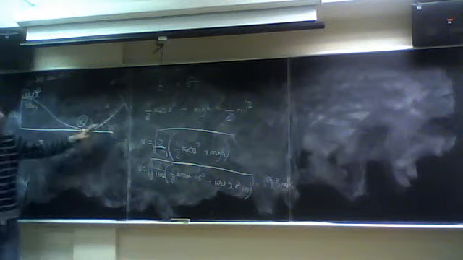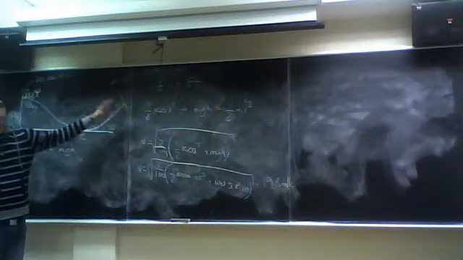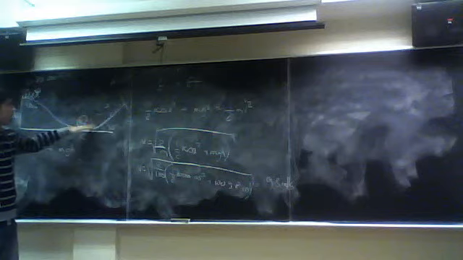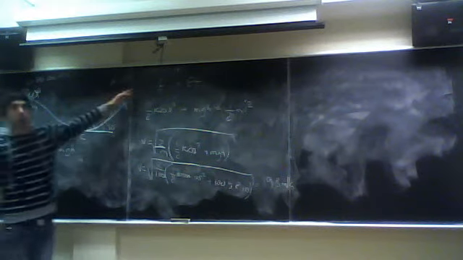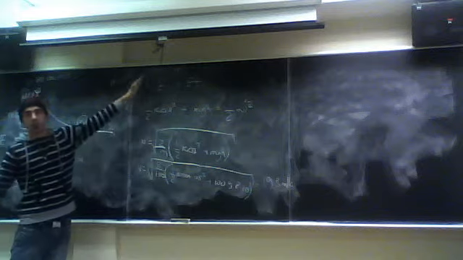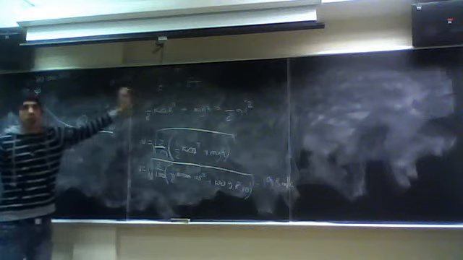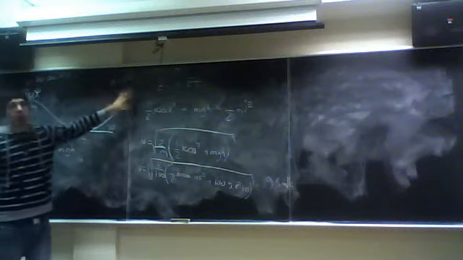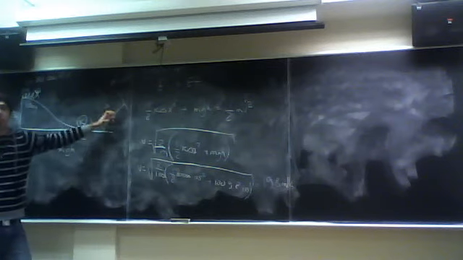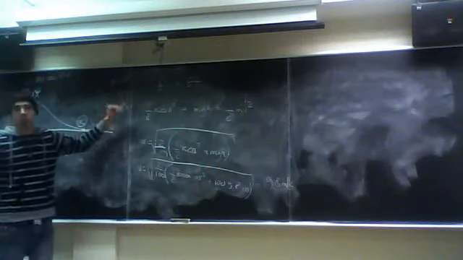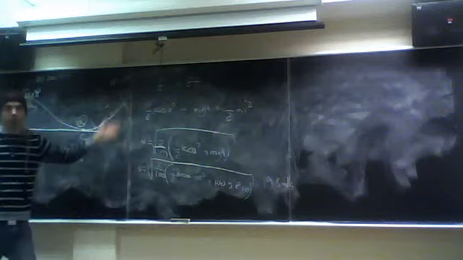Whether there was friction or not, he would eventually come to a rest at a certain height. But the height would be higher than if there was friction, because friction would be taking extra energy, so he'd go less high if there's friction.